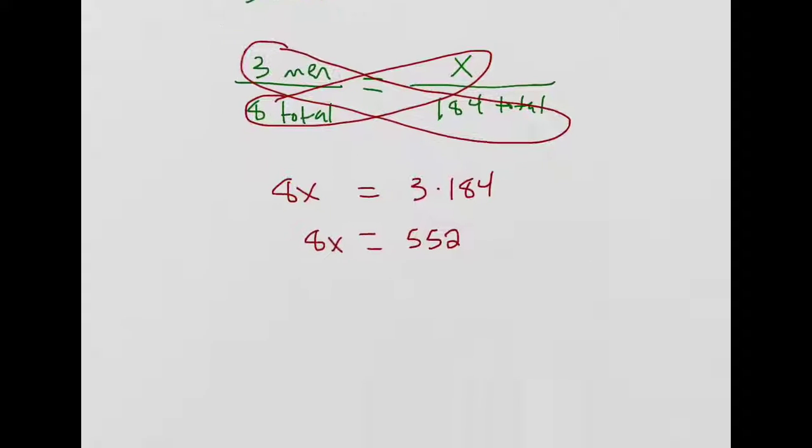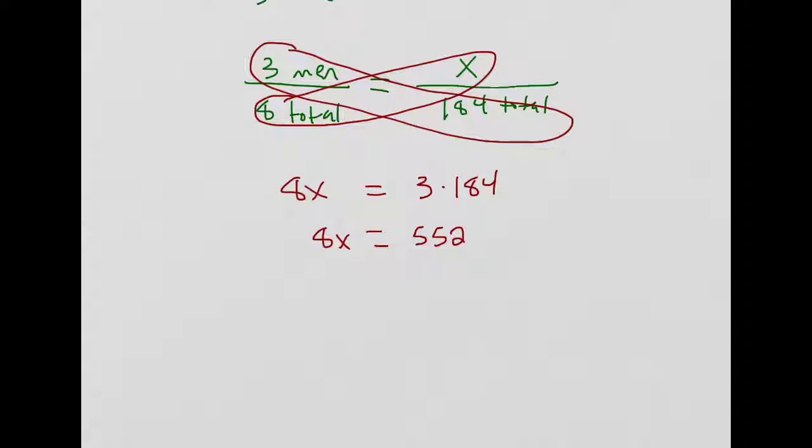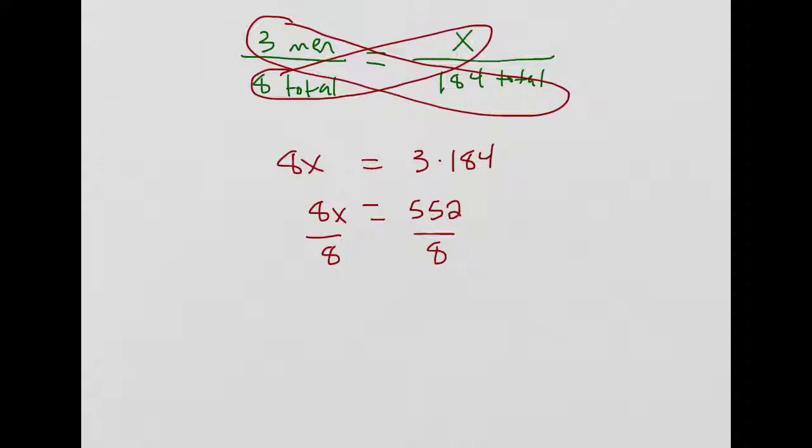And then all we need to do is get x alone from here, so let's divide both sides by 8. And from there, we end up with x equals 69. And remember, that represented the total number of men.